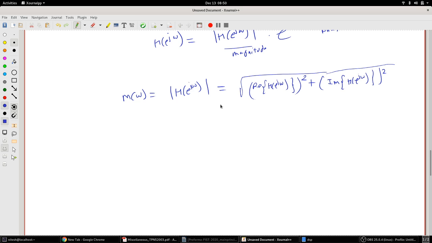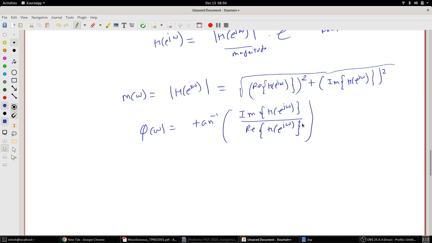This is your magnitude response. The phase response is given as tan inverse of the imaginary part of H of e raised to j omega upon the real part of H of e raised to j omega. So this is your phase.